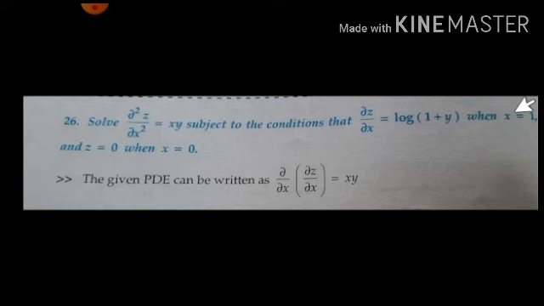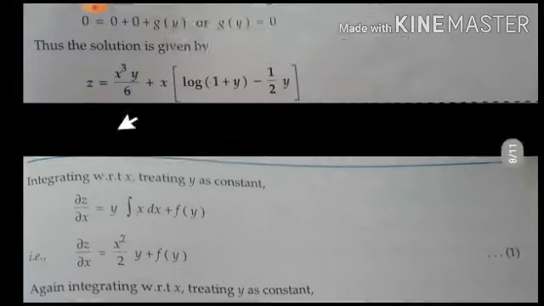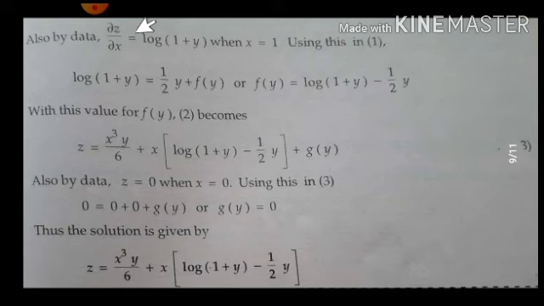First we apply that in equation 1: ∂z/∂x equals log(1+y) when x is 1. So that step is written here: log(1+y), with x taken as 1, gives y/2 plus f. So what is f(y)? You will get log(1+y) minus y/2.